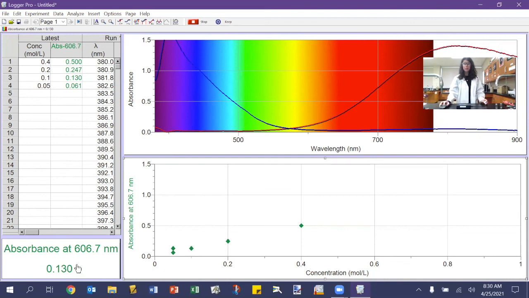But what I'm going to do is record that absorbance value there. And then when I get the equation from the line, I can solve for the concentration of the copper in my brass solution. So I would simply record this number in my data table, but I'm not going to hit keep because I don't know the concentration.